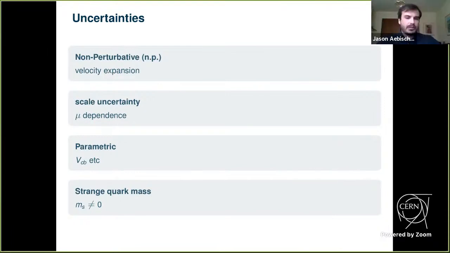This can be cured by going to higher orders in alpha S. Then we have some parametric uncertainties, for instance, from VCB and also from other parameters which have some uncertainty. And if you neglect the strange quark mass in the CD case, then this will also introduce some uncertainty into the game.